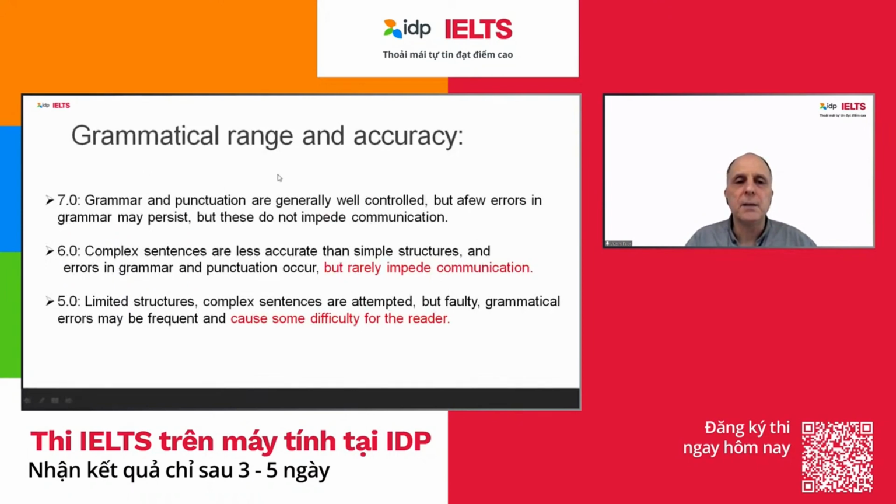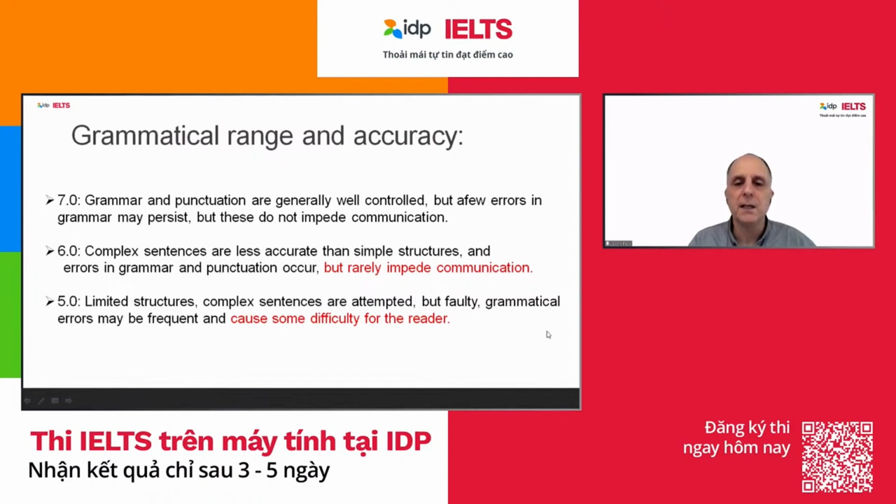Okay, so we get to our grammatical range and accuracy. Once again, 7 for this: grammar and punctuation are generally well controlled. That's why, if you're doing the written test with pencil, make sure they're nice and clear. For 6, complex sentences are less accurate than simple structures, but they rarely impede communication.